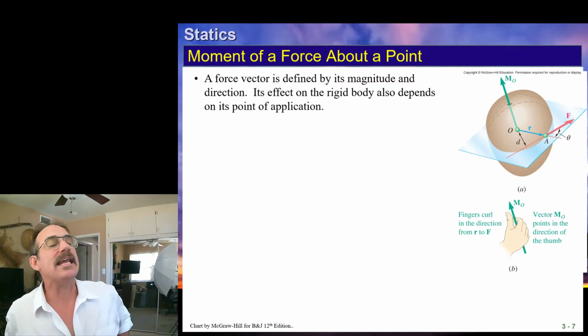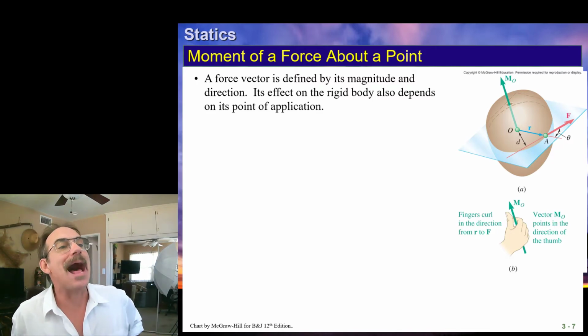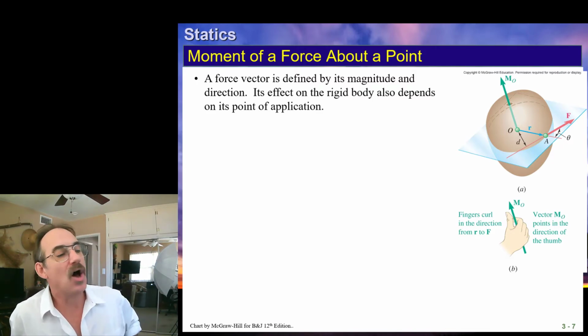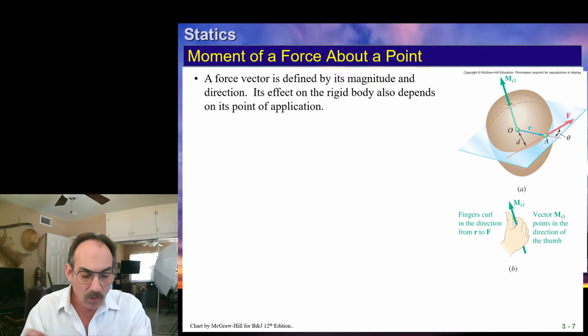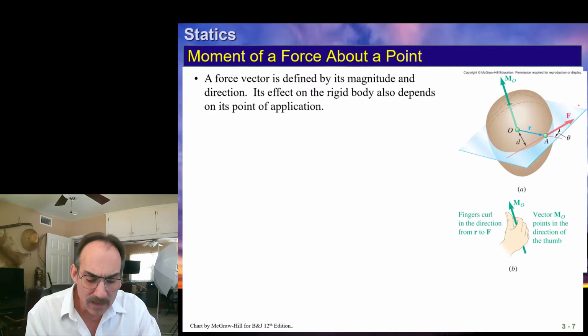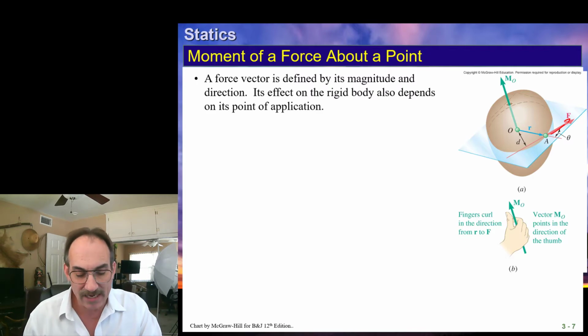So what we see here is we have this rigid body and we have point O. We have this force that's applied out here, and we're going to find out that the moment is defined as the cross product of the vector from whatever point we want. So let's say point O is the center of mass.